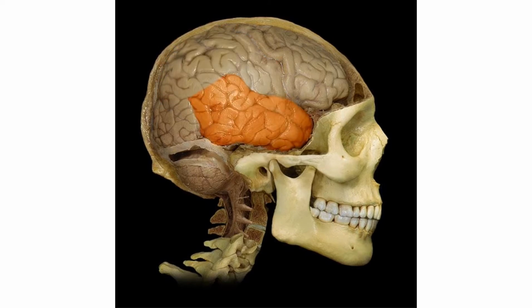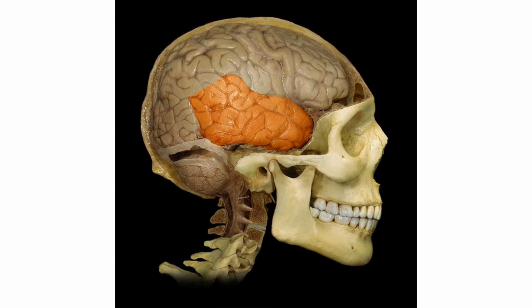I'm sure now you know what is the orange marked lobe of the brain, and as you can see, it is superior to the external auditory meatus and the zygomatic arch.